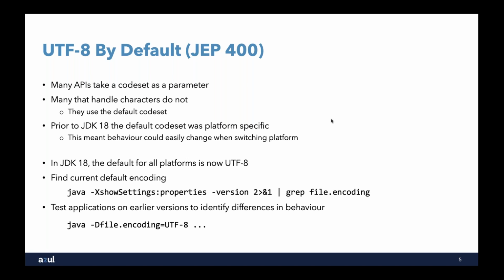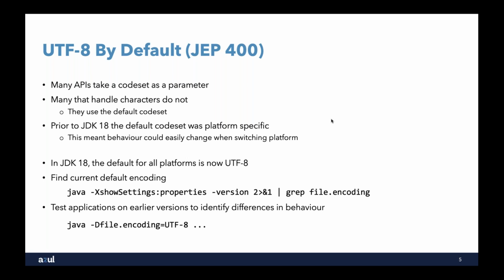If you find that that does change and you want to revert the behavior on JDK 18 back to the way that it was before, you can use the same command line parameter, but just change it back to whatever you get as a report from the command above.